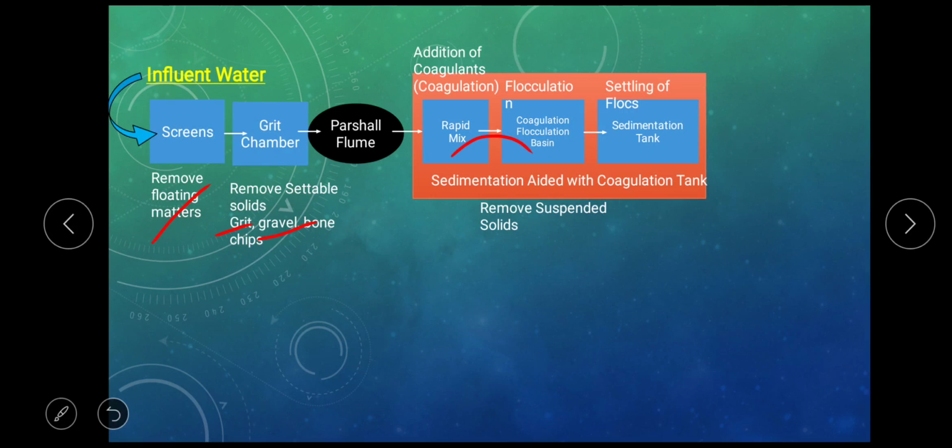Now these flocs again interact with each other and form heavy and larger flocs which ultimately settle in the sedimentation tank. So this entire rapid mixer and coagulation flocculation basin followed by the sedimentation tank is called sedimentation aided with coagulation. It helps in removing the suspended and colloidal impurities present in the water.